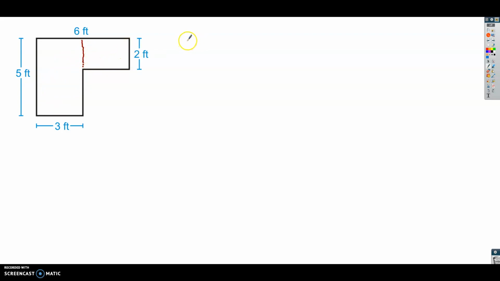And what I'm going to do is draw them separately. So I have two rectangles. And what I like to do is put the formula for the area of a rectangle inside, just like this.